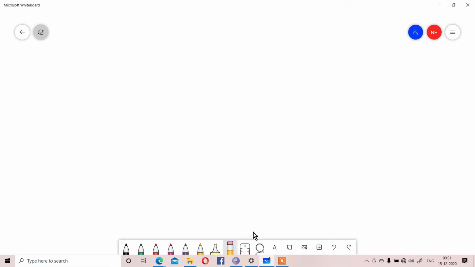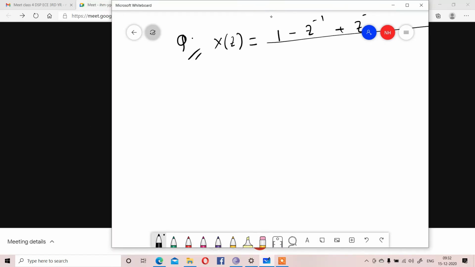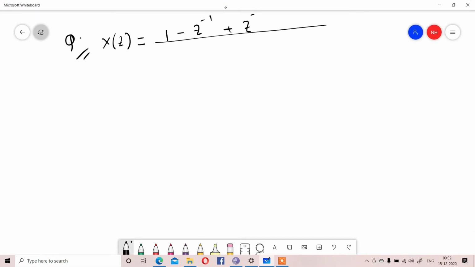From inverse z transform, if you have any question about the partial fraction expansion, then X(z) is given as 1 minus z inverse plus z to the power minus 2, over 1 minus half z inverse, that is the first one, 1 minus 2 z inverse, that is the second one, and 1 minus z inverse, that is the third one. That is the problem given.